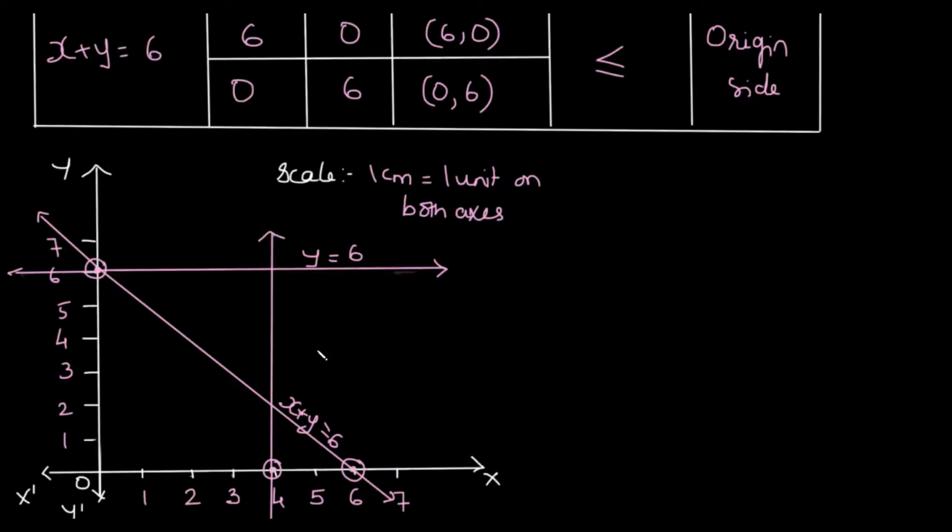This way. Now to find our region, if you remember, in each case the solution set is the origin side of the line. We are considering the origin side of each line that is there. So for x is equal to 4, the origin side is this side. For y is equal to 6, again the origin side is over here. And for the third line, x plus y is equal to 6, the origin side is over here. So the feasible region we have to shade is this particular region, which I'll be shading over here like this. So this is the feasible region.